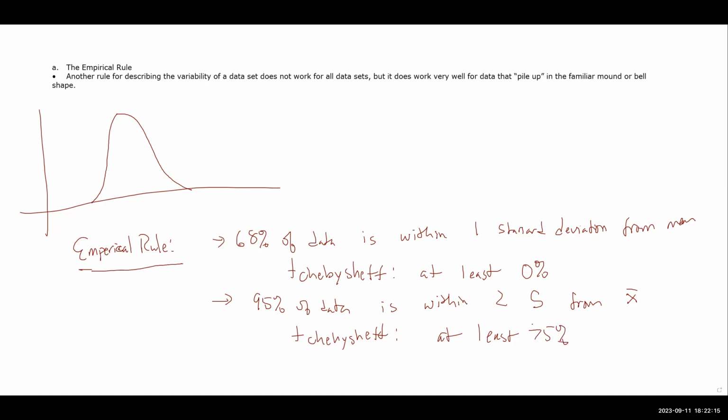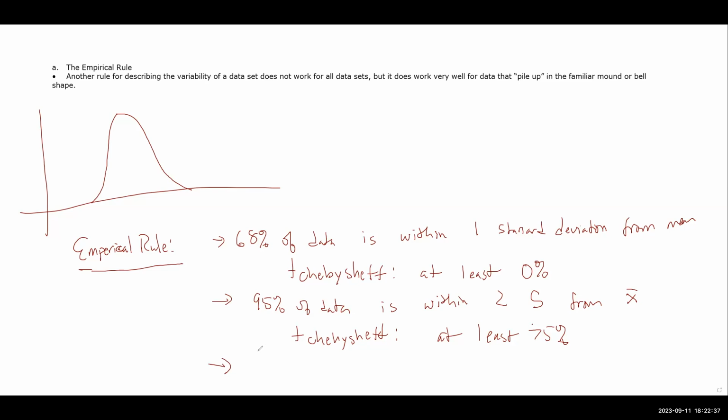So you could see if you have mound shape, more of the data is within the barriers compared to if you don't have mound shape. Chebyshev is saying, look, man, mine applies to everything. And I'm saying the worst case scenario is 75%, but it's at least 75%.